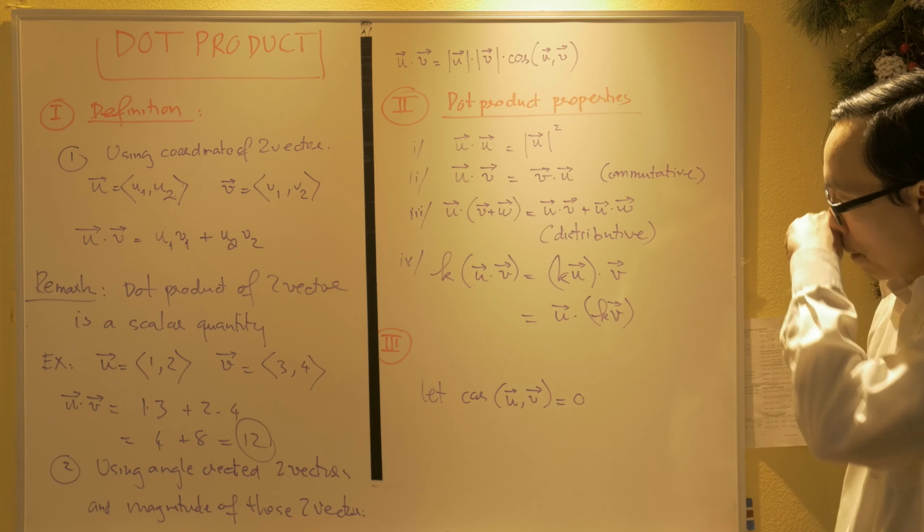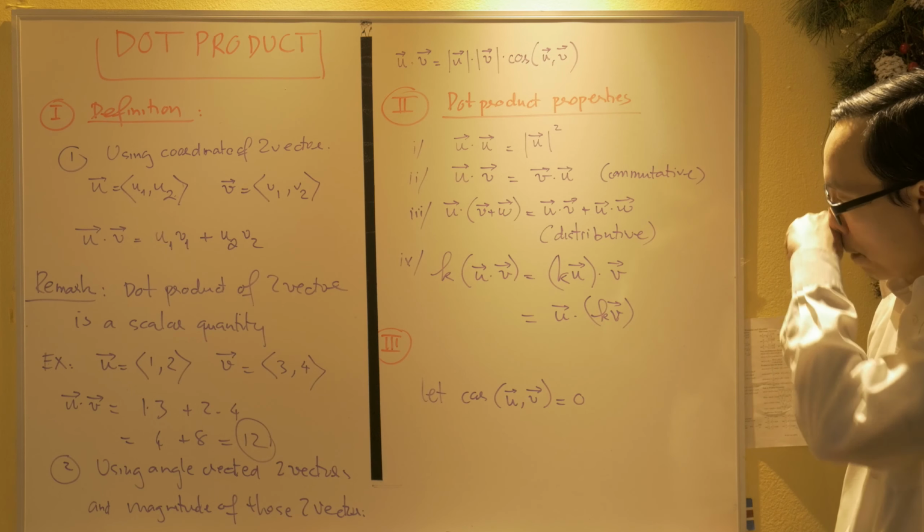Think about a unit circle. It's 90 degrees, right? Or 270. So if the cosine of u and v equals 0, it means the angle between vector u and vector v is 90 degrees.